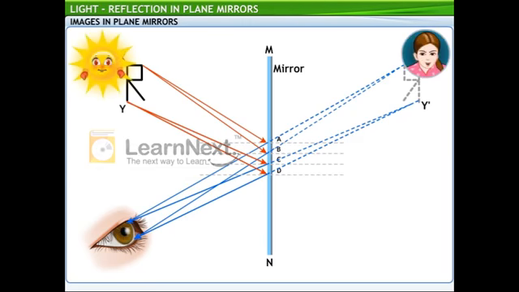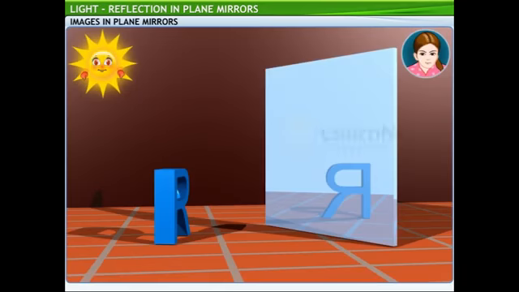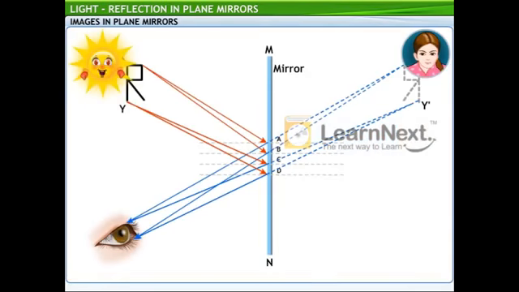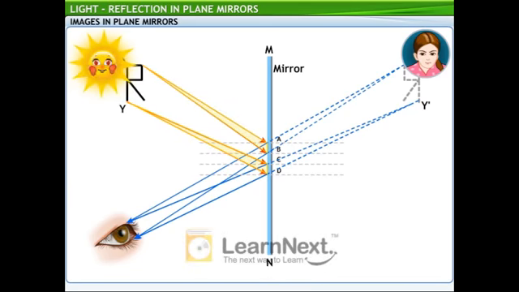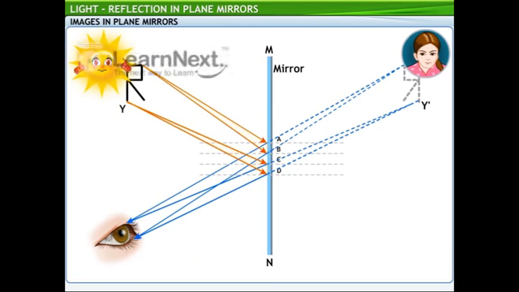That's a lot of rays. Yes, it takes a large number of light rays to form a reflection of an object. So, as you can see, rays from all points on an object are incident on the mirror and reflected in different directions. That is, the reflected rays are divergent.